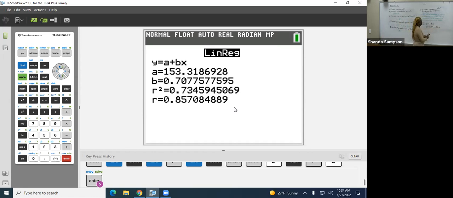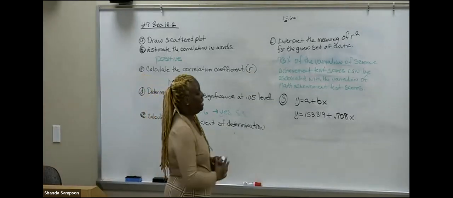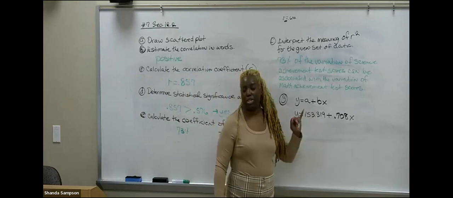I will repeat this 900 times: without the decimals, it is wrong. Rounding wrong, it is wrong. So if you put 0.707, it's wrong. You have to round properly and write to 3 decimal places. Let me repeat off of the screen. If you put 153, it's wrong. If you put 153.3, it's wrong.